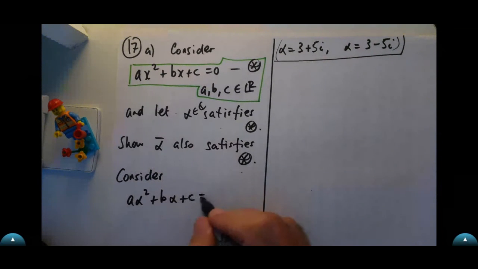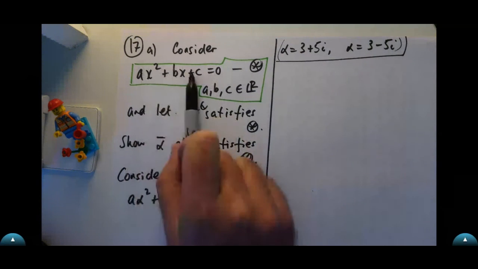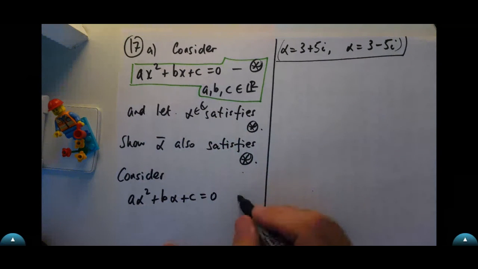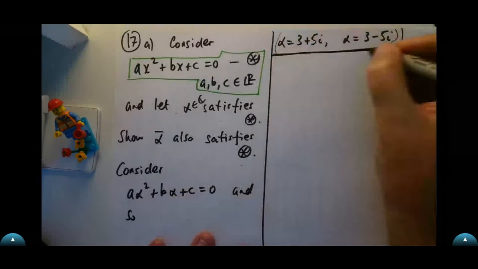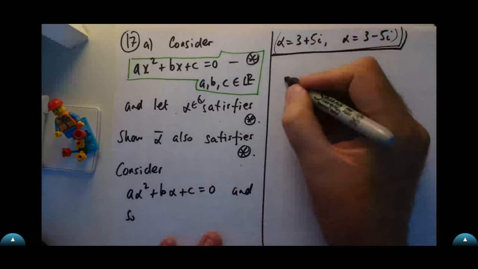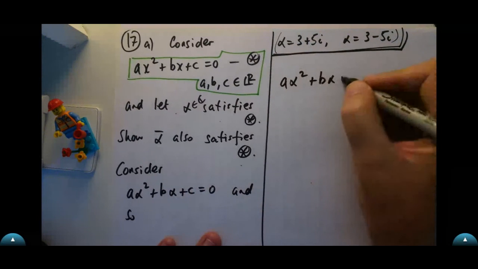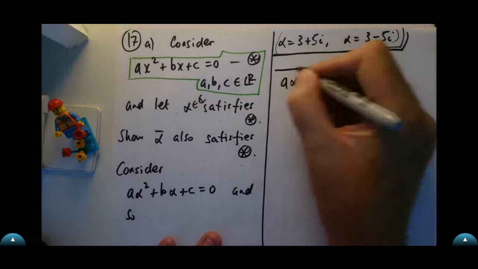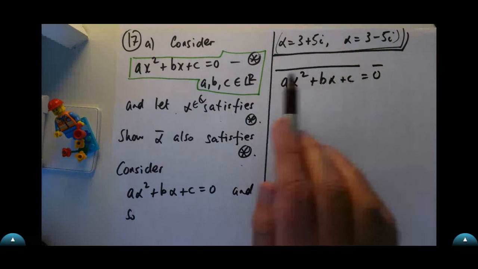The proof basically lies on the properties of the conjugate. So we know alpha satisfies this, so we replace x with alpha. And let's take the conjugate of both sides. So this is my super conjugate line.